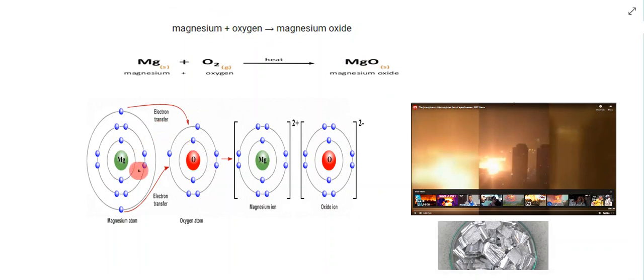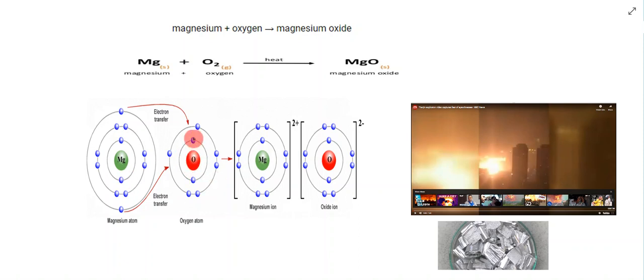So all we're looking at here are the Bohr structures. This is the Bohr structure for magnesium. It shows the configuration of the electrons. You have 2 electrons in the first shell, 8 electrons in the next shell, and then in the very outermost shell you have 2 electrons. Now we have oxygen here.